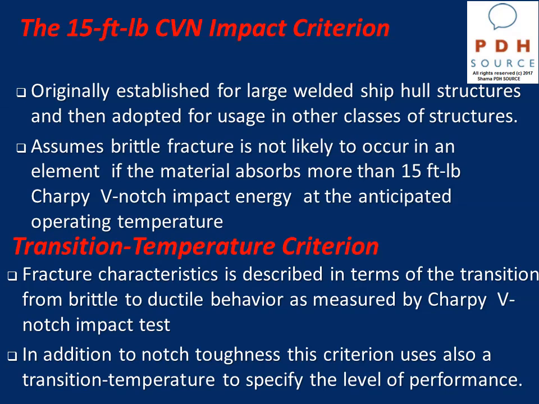The transition temperature criterion adds another parameter to this parameter. So in addition to the sharp V-notch impact energy parameter, it also adds that transition temperature to specify the level of the performance. So this is basically based on two parameters rather than one.